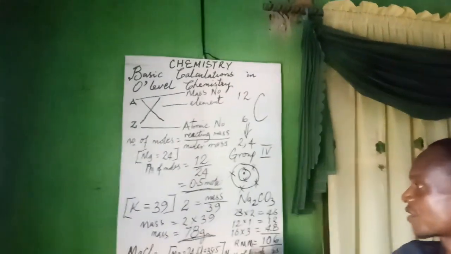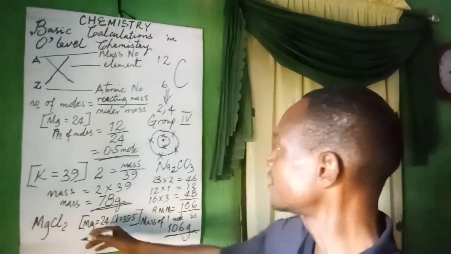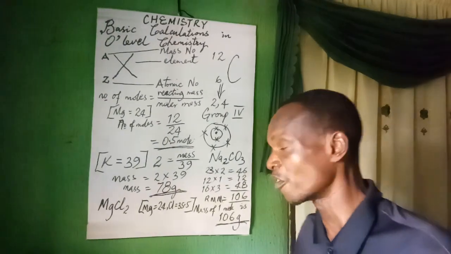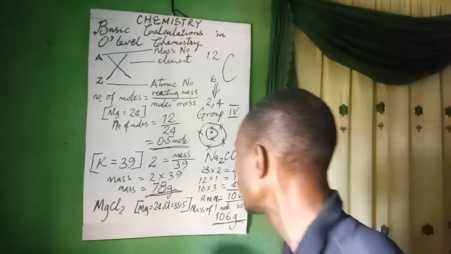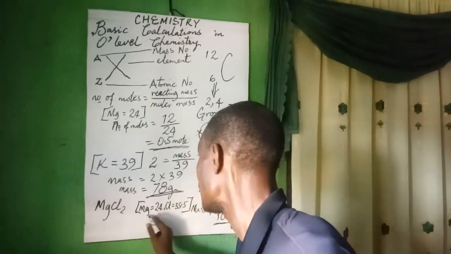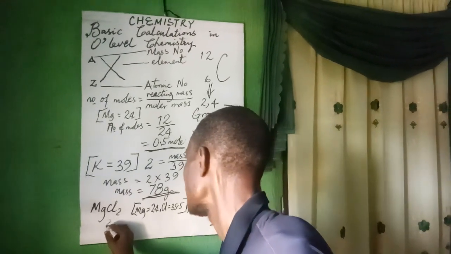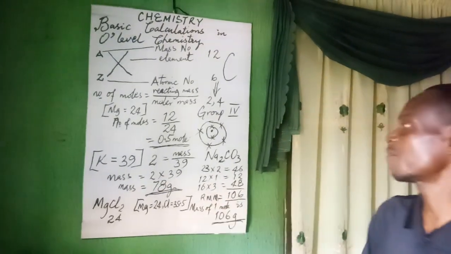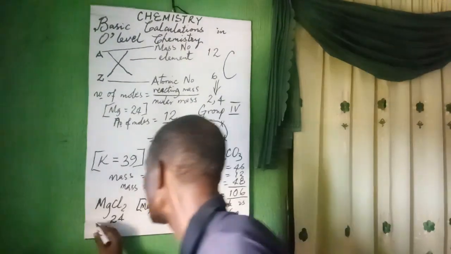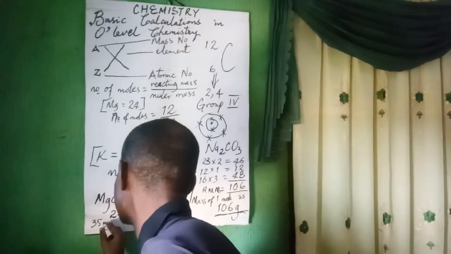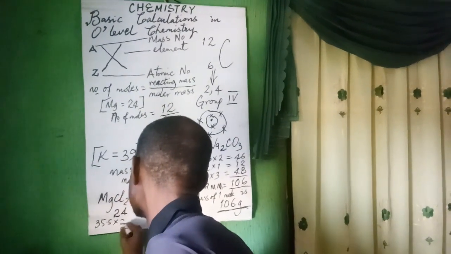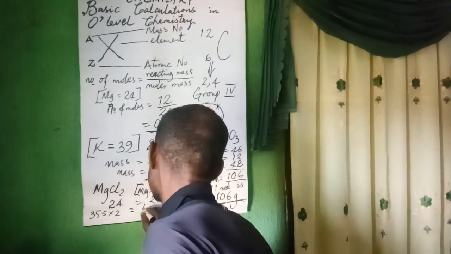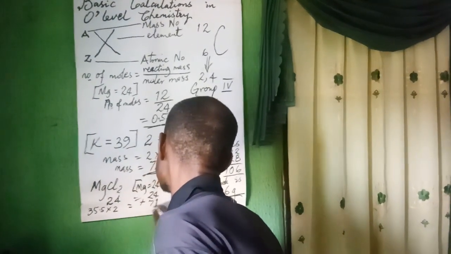If I'm to calculate the relative molecular mass of magnesium chloride and the mass of 1 mole of magnesium chloride, here I will go. Magnesium is 24 and I only have 1 magnesium here, so I will write 24. Chlorine is 35.5 and I have 2, so I will do 35.5 times 2. This will give me 24 plus 71.